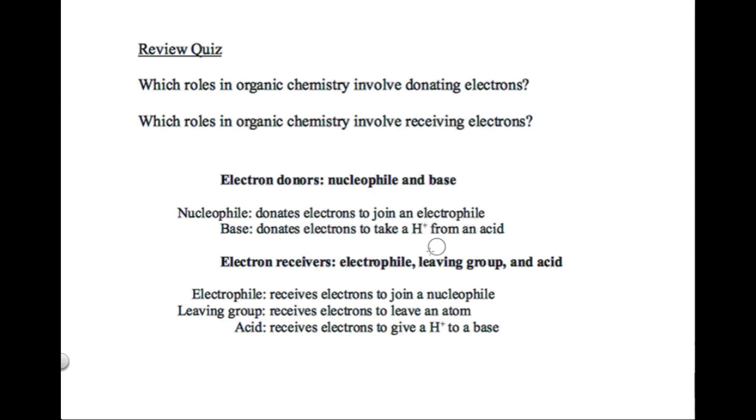And similarly, even though electrophiles, leaving groups, and acids all receive electrons, from these definitions, you can also see how they are different from each other. So you can see why you need two-part definitions for these roles. You need two-part definitions so that you can see how these roles are similar to each other, but also how they are different from each other.